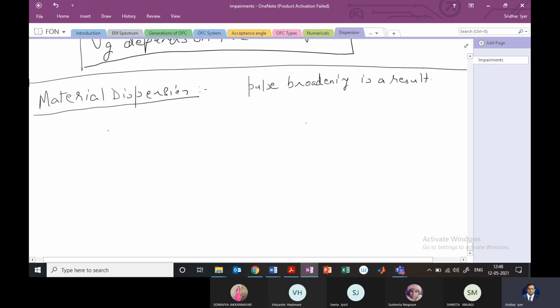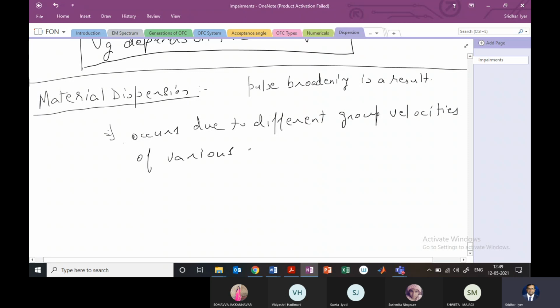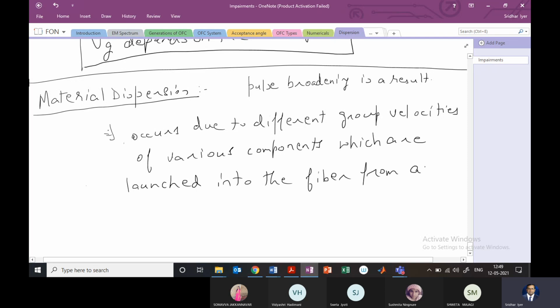And this basically occurs due to different group velocities of various components which are launched into the fiber from an optical source.